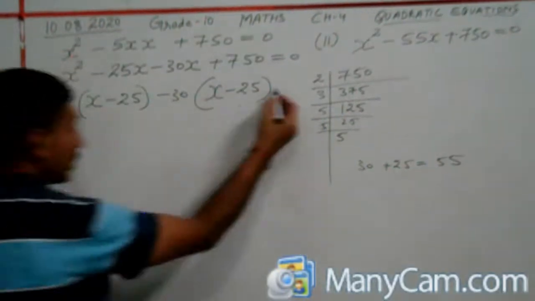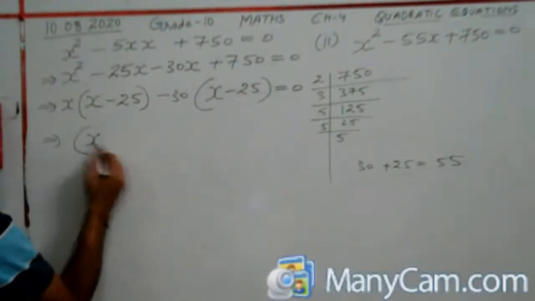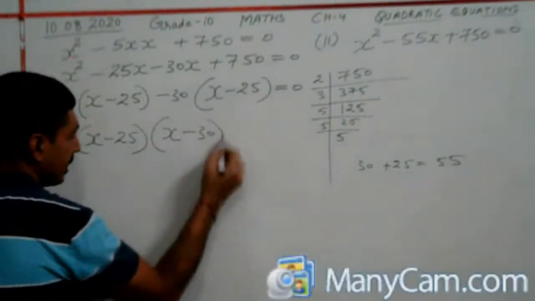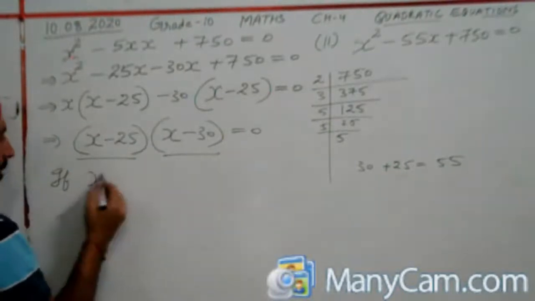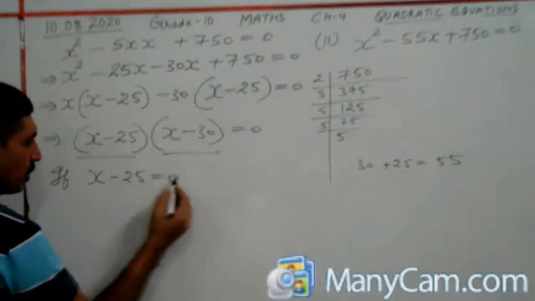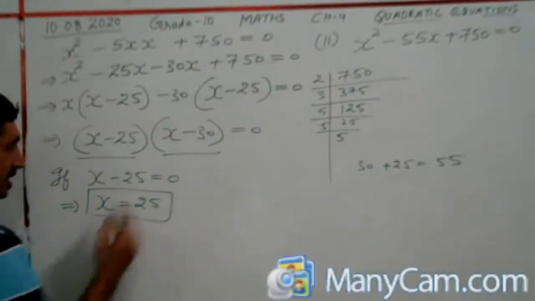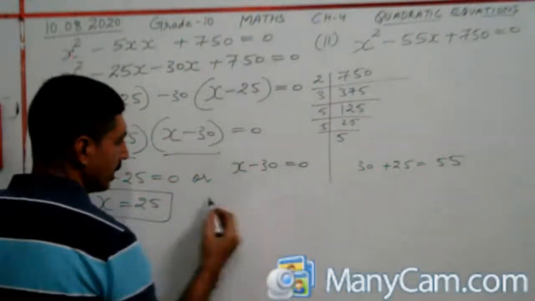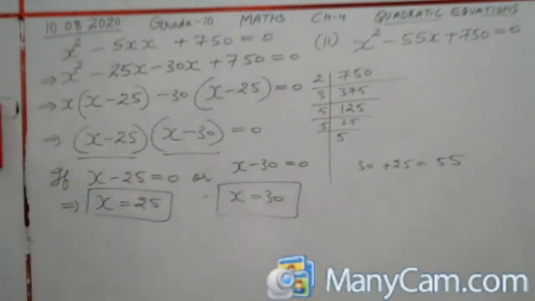So this is equal to 0. So what we have: either x minus 25 or x minus 30 is equal to 0. If x minus 25 is equal to 0, this implies that x is equal to 25, one root is this, or if x minus 30 is equal to 0, this implies that x is 30. Right? So this is the second question.